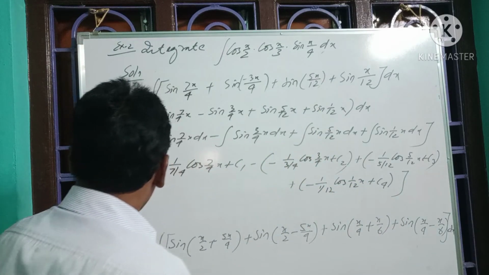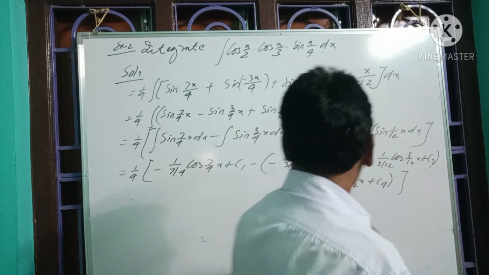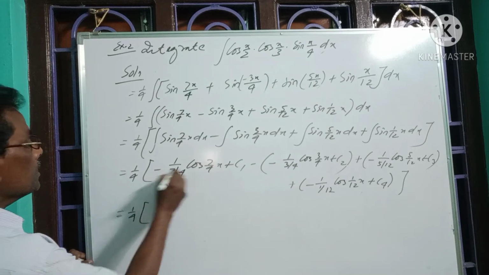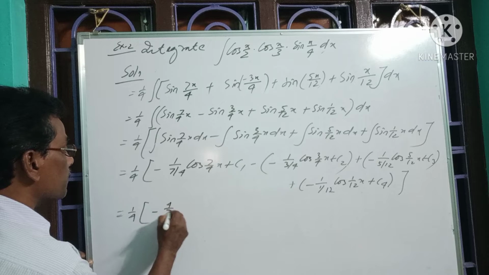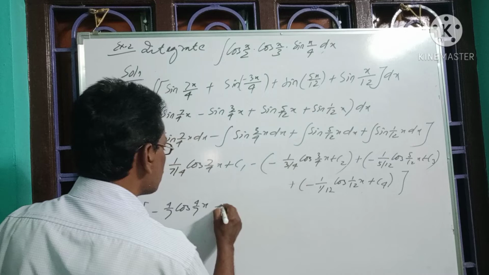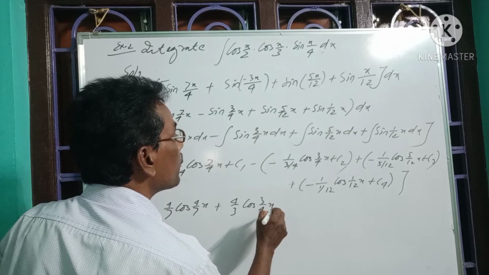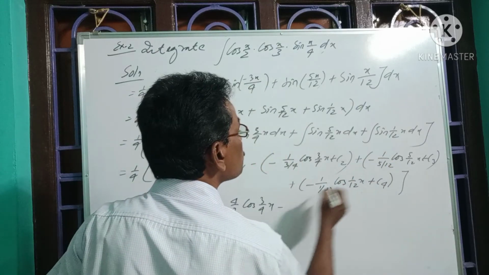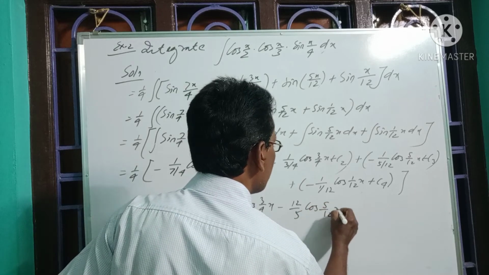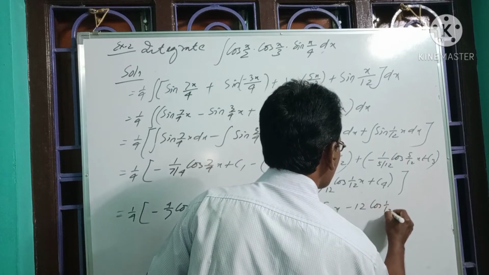So now we have already integrated the function, but now we have to collect all the functions and the constants separately. We have 1 by 4 whole into, it will be minus 4 by 7 into cos of 7 by 4x plus 4 by 3 into cos of 3 by 4x, and it will give us minus 12 by 5 into cos of 5 by 12x, and at last it will give us minus 12 into cos of 1 by 12x.